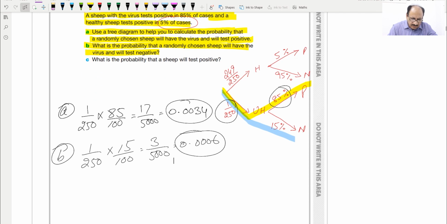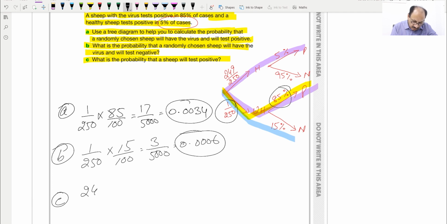We are done with two parts. And the C part says what's the probability that sheep will test positive. Sheep will test positive will be different routes, so we can take one route, this one, and the second route which we can take is this one. I'm using different colors so you can identify. We will take both options.